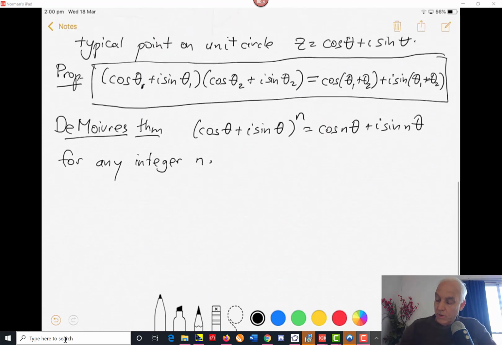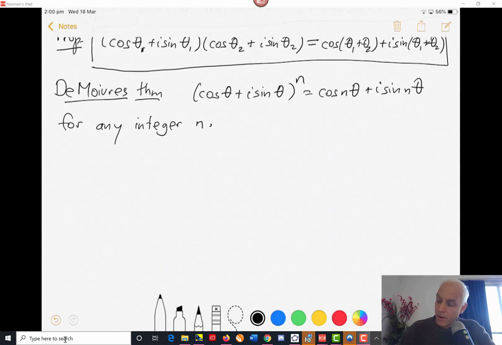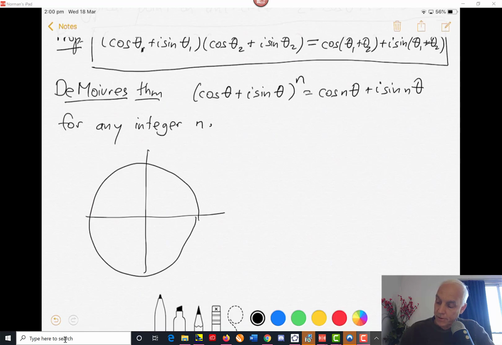So why is this, and what is it telling us? Well, it's telling us that if we have a complex number on the unit circle, I might make it a little bit bigger this time. Okay, there's 1, there's i. Let's say there is z, and it's cos theta plus i sine theta. Then that means that angle there is theta.